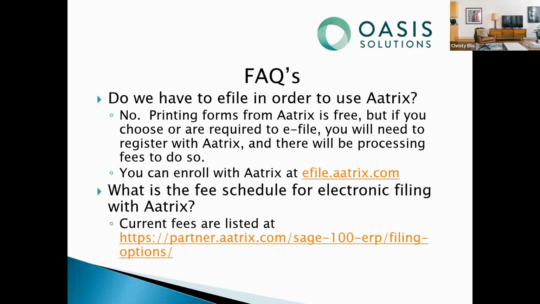And the question we often get is, well, how much does filing with them cost? If you want to see the current fee schedule, the link here is partner.atrix.com, sage-100-ERP, and then filing options. Their pricing schedule typically is per informational item that you are processing. They do have a minimum, I think, $24.95 fee for a file.